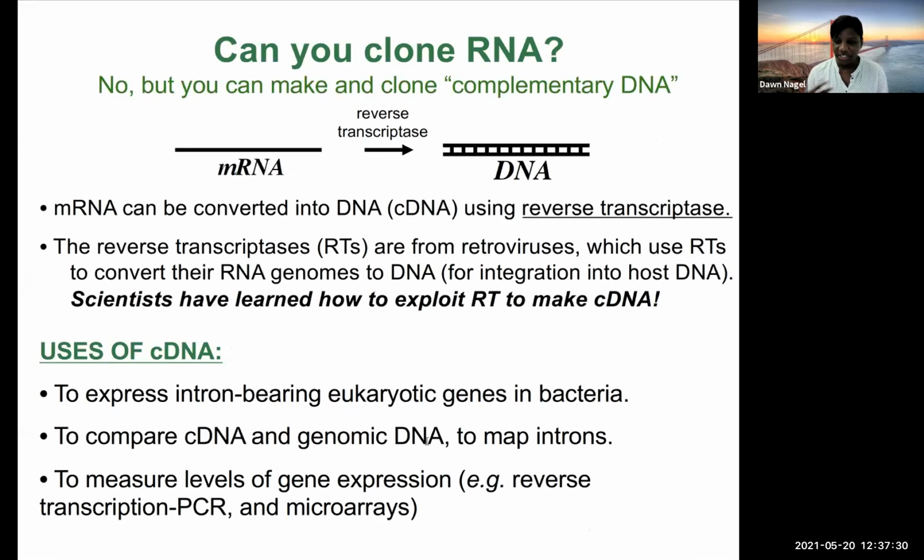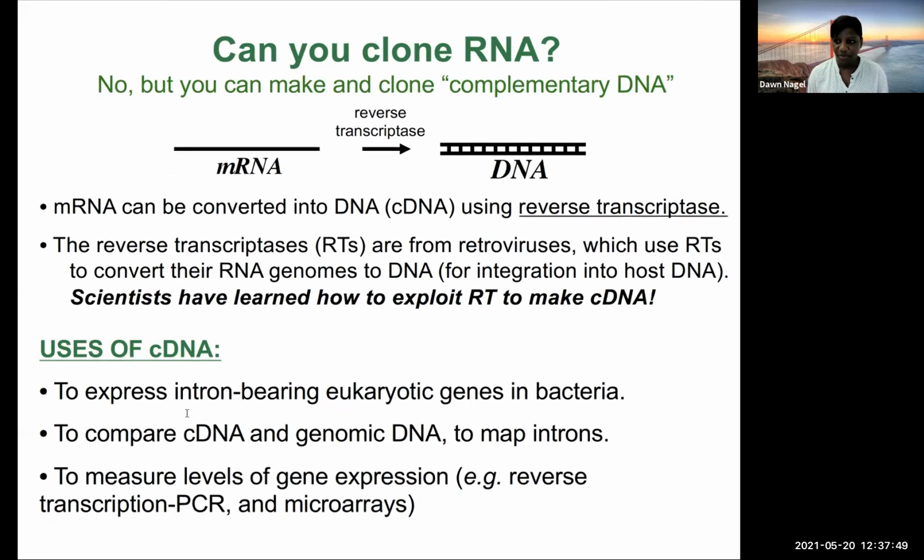So the ways that we can use cDNA is to figure out whether or not we can express our gene of interest from eukaryotes in bacteria, right? Bacteria is not able to splice the introns from a pre-mRNA.